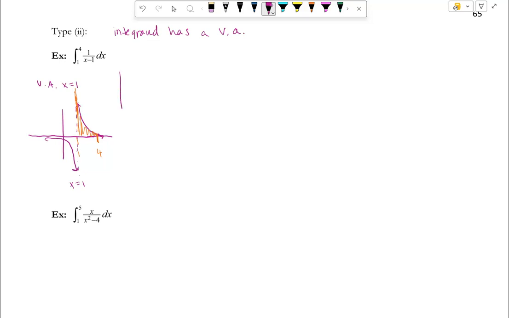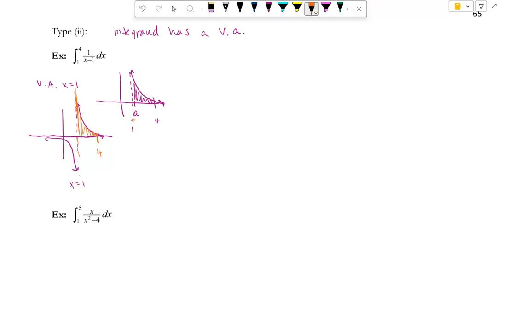So if I go to sketch this, I'm going to think about where my asymptote is. Again, we said the asymptote is at 1. And just like before, I'm going to pick a value and call it A, really close to my asymptote. We're going to find this area from A to 4, but then we're going to allow A to approach 1.